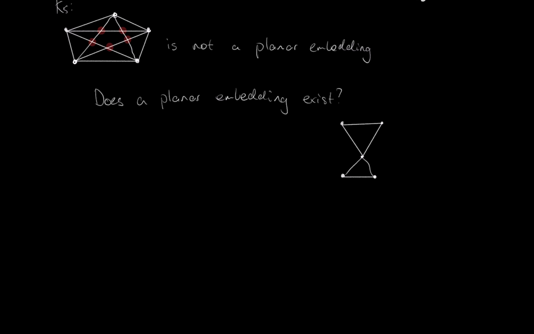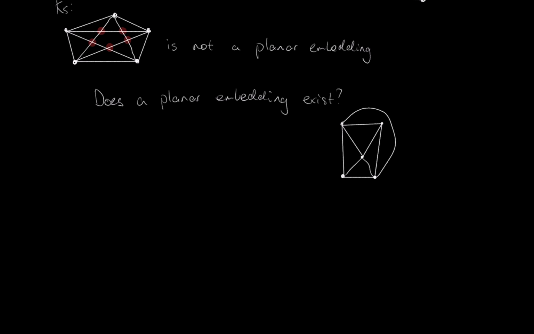I can connect this vertex here to this vertex here. Likewise with this one here. And now I'm left to connect this vertex with this one, as well as a couple other ones. So let's try doing that.